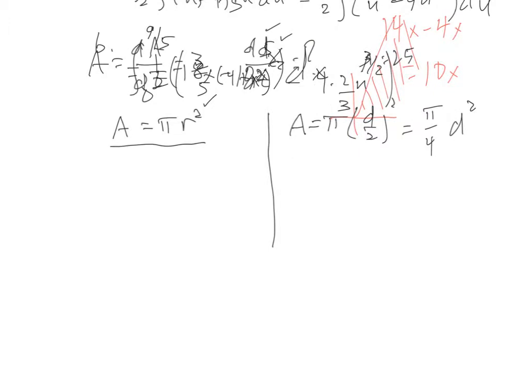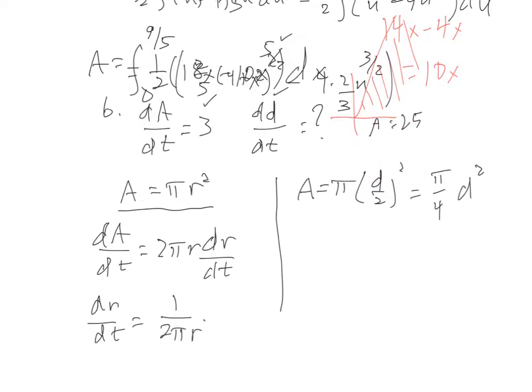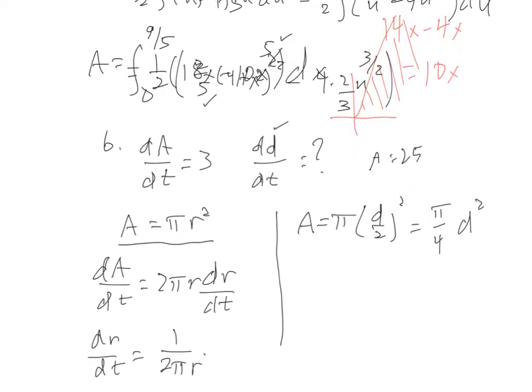So maybe I can quickly do both of them. So dA dt, again, I haven't looked at any exams, so I don't know what you did. 2 pi r dr dt, of course r and A are functions of time. And so dr dt is 1 over 2 pi r times dA dt, but remember, that's 3.